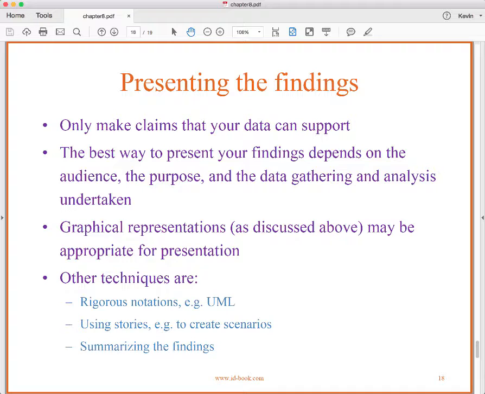The best way to present your findings depends on the audience, the purpose, and the data gathering and analysis undertaken. So there's no one good way to present it, and I think they have a good discussion of what some of the elements are. Graphical representations may be appropriate for presentation.